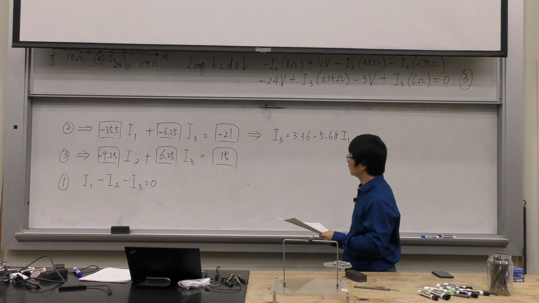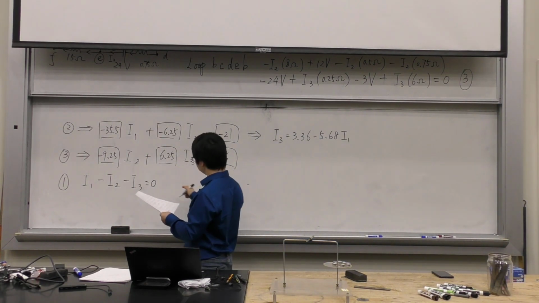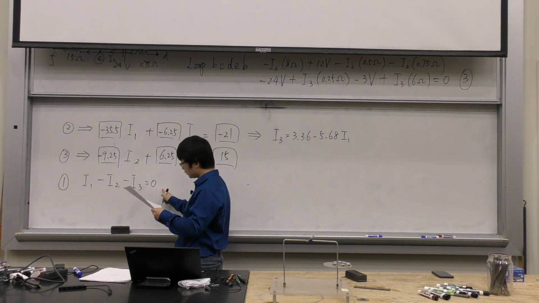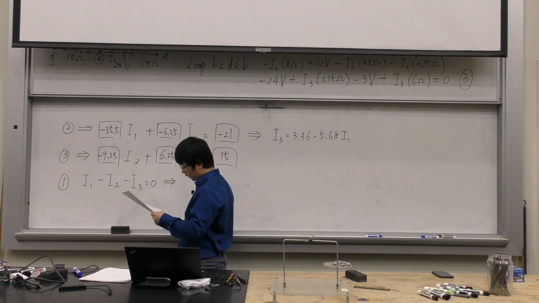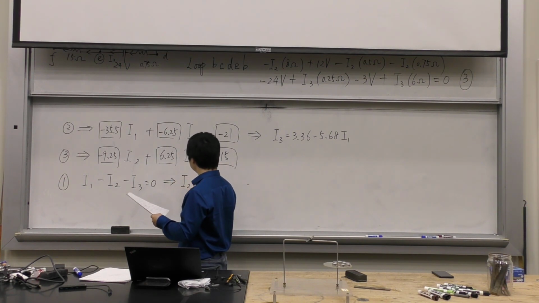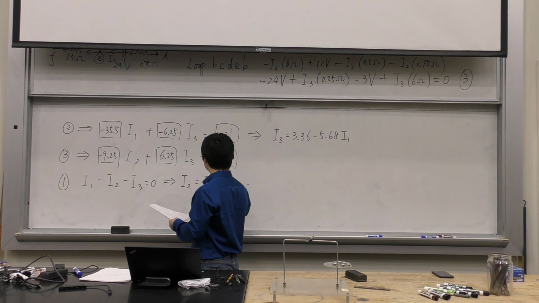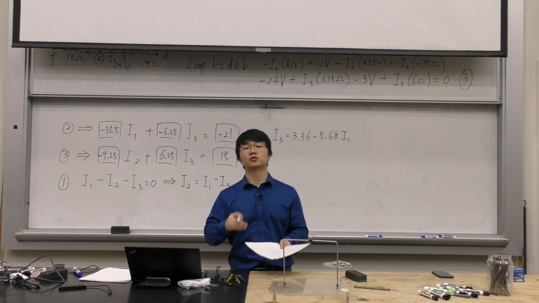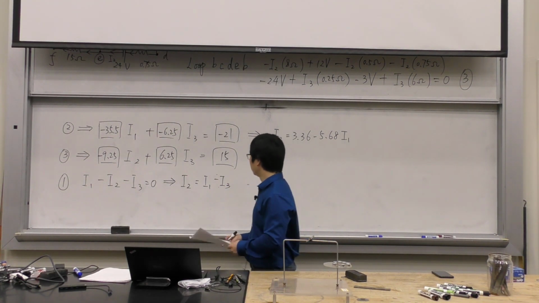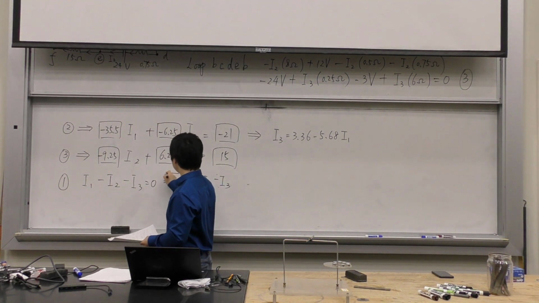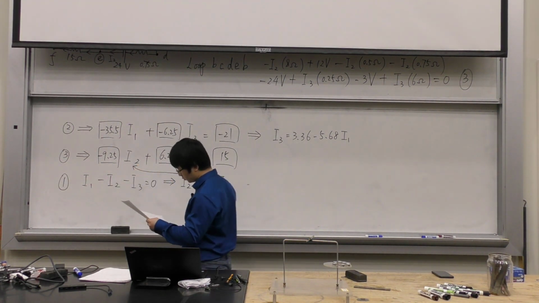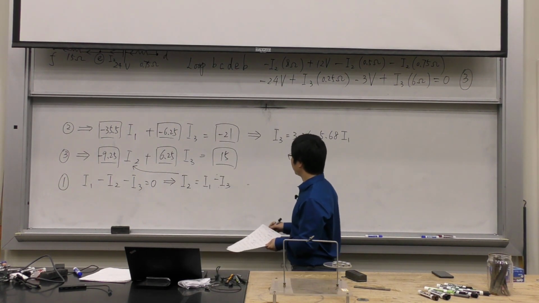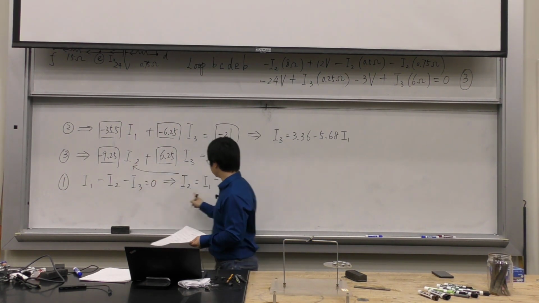And then what I did here is this. I used this equation to write I2 as I1 minus I3. There are different ways to solve them, totally depending on which one you want to solve first. And then I'm gonna plug this into this equation. So what do I get? I'm gonna substitute I2 with this.